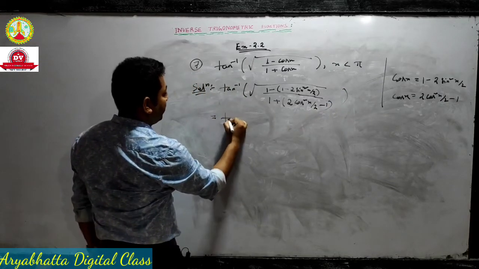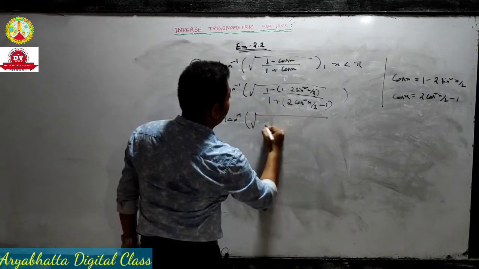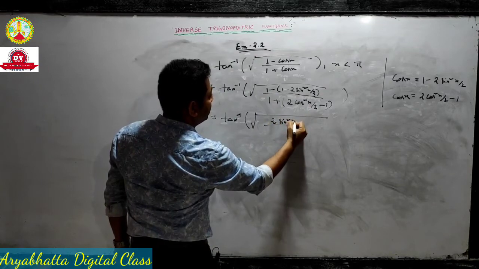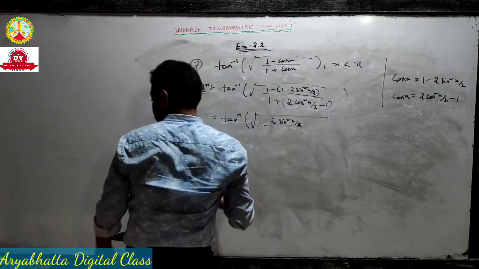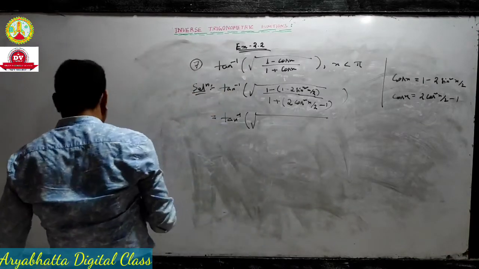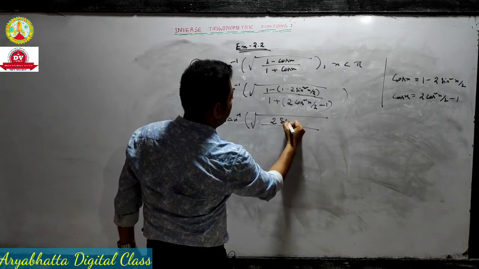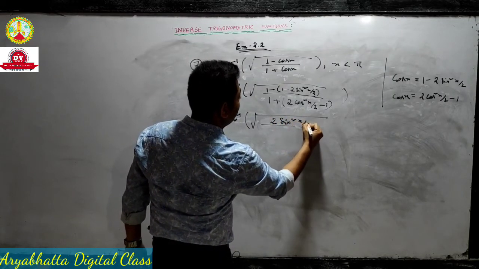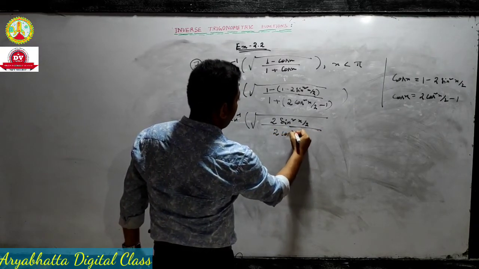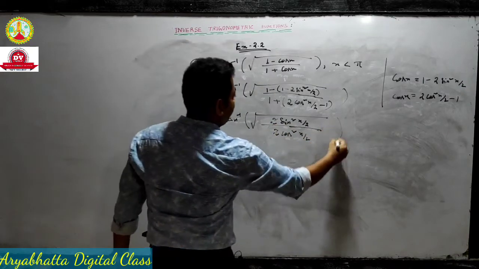This is equal to tan inverse bracket start square root 2 sin square x by 2 divided by 2 cos square x by 2 bracket close.